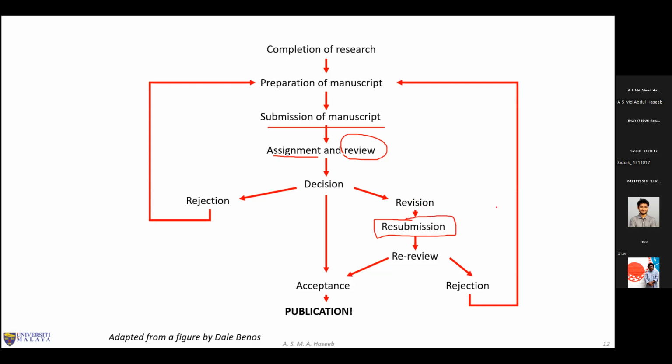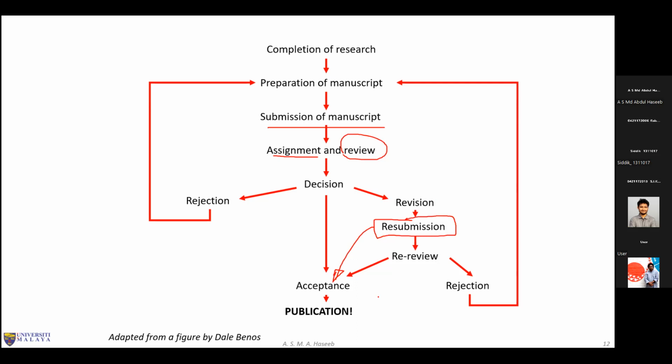The editor will now look into your action, your response, compared with the comments of the reviewers. And if he is happy with this, if he thinks that you have done what you are supposed to do, then he will accept it.